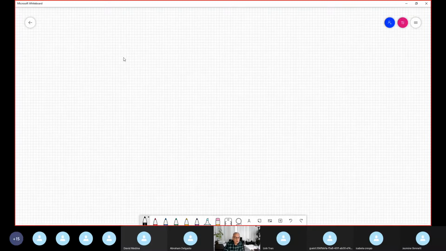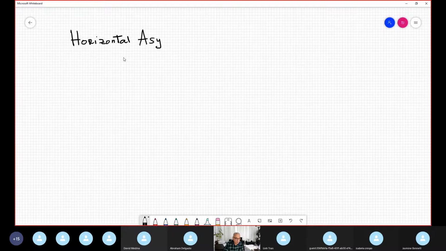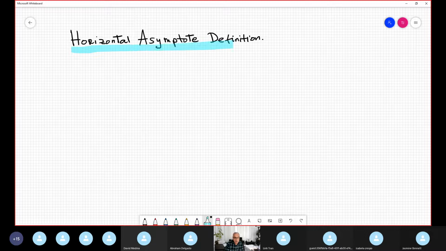A new topic is the horizontal asymptote. So in this kind of function, we have different asymptotes. We're discussing everything today, but we analyze step by step, and after I promise I give you a guideline to analyze a rational function.